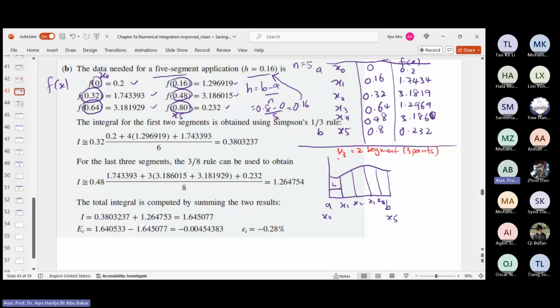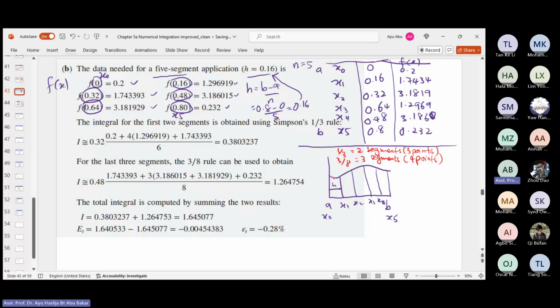Okay, 3/8: how many segments? 3 segments, correct. Minimally 4 points.